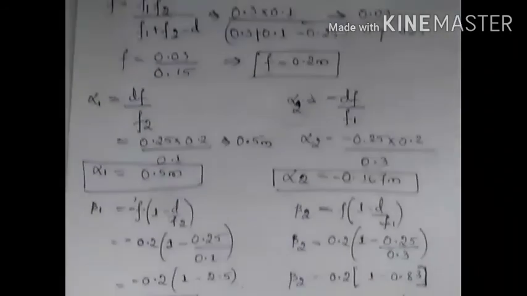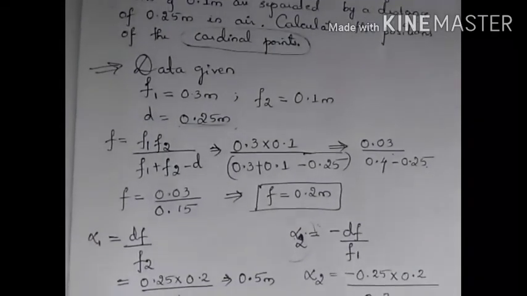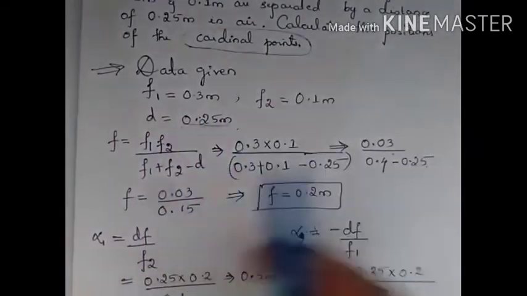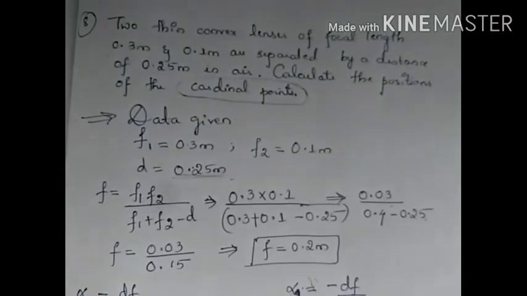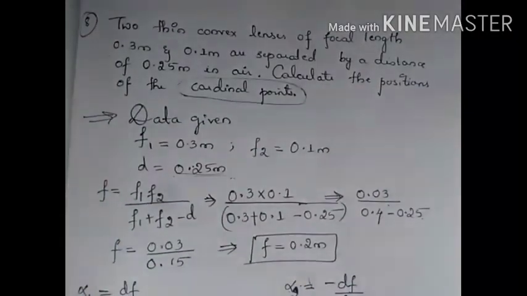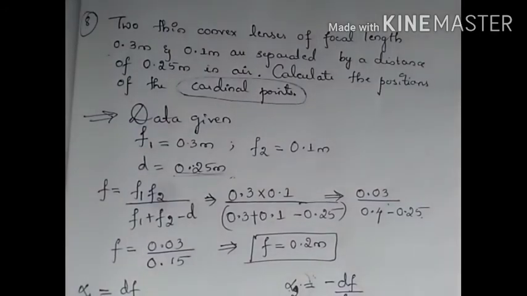So you have found alpha 1, alpha 2 and beta 1 and beta 2 for the two thin lenses which are separated by a distance of 0.25 meters. This problem again is a pretty simple problem. Here he has directly given the focal length of the lenses. In the question before last, the focal length was given in terms of the power of the lens.